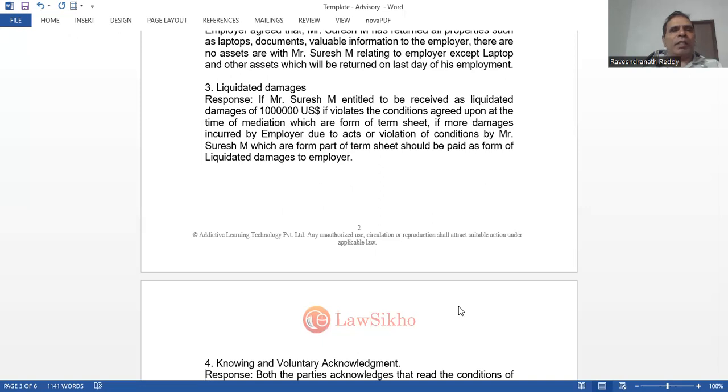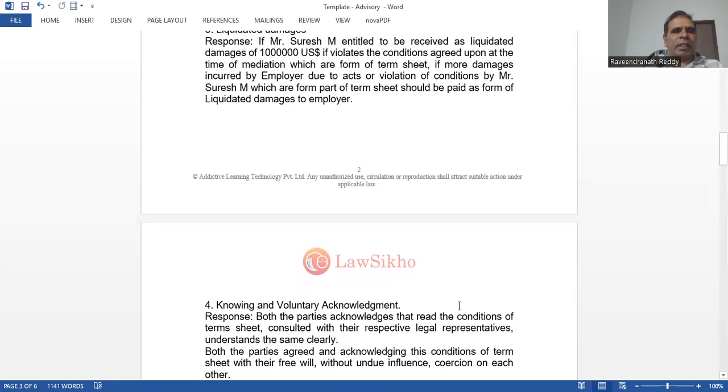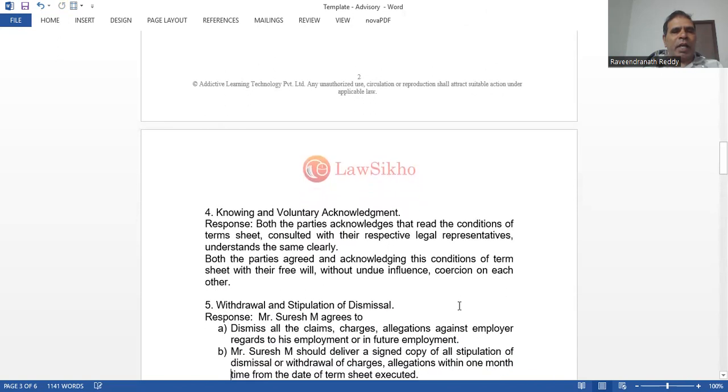If more damages are incurred by the employer due to violation of conditions by Mr. Suresh M., they should be paid as liquidated damages to the employer. So what we said here is that Suresh has to pay the liquidated damages.